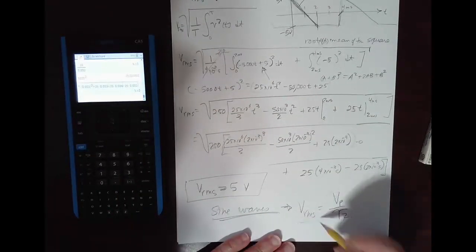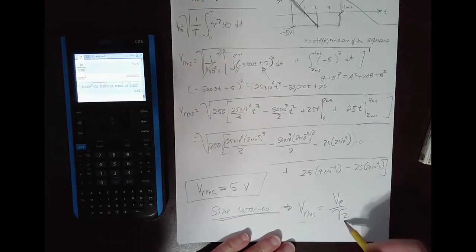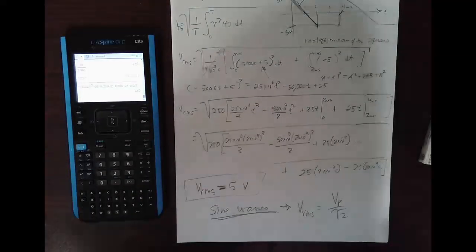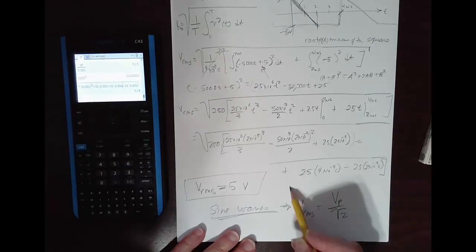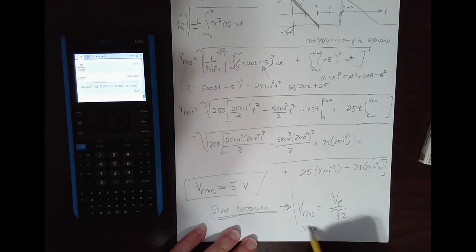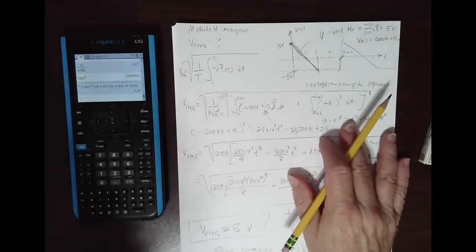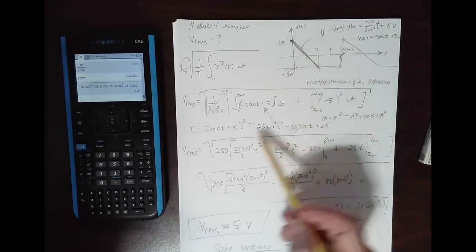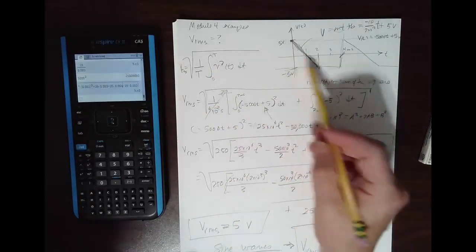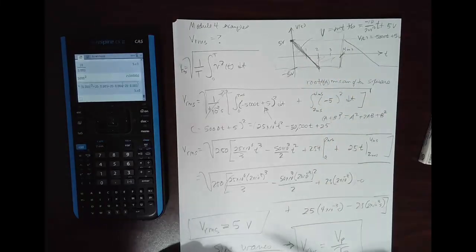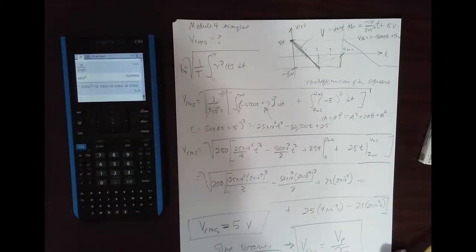And so the VRMS is 169 over square root of 2. Or 170 over square root of 2. So for sine waves, so sines or cosines, we got the easy way, divide by square root of 2. For other strange shapes, we'll have to do maybe an integral, or at least find the area under the curve kind of stuff, square it, that kind of thing to get the RMS value.